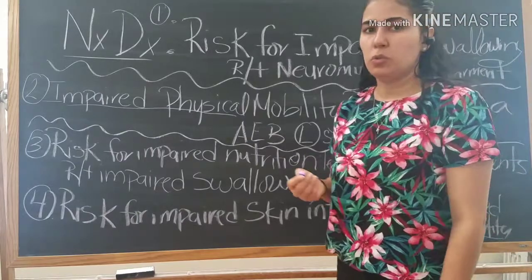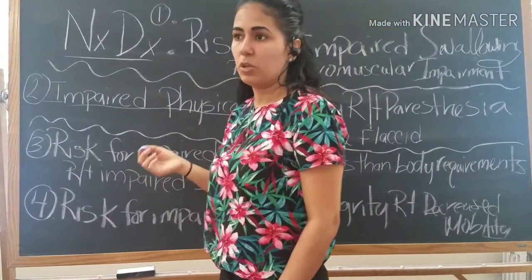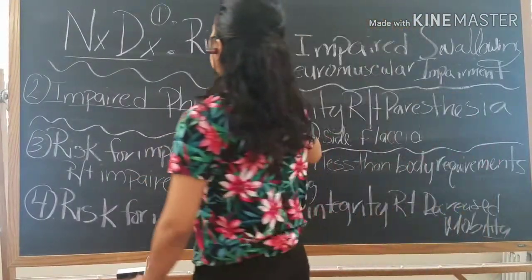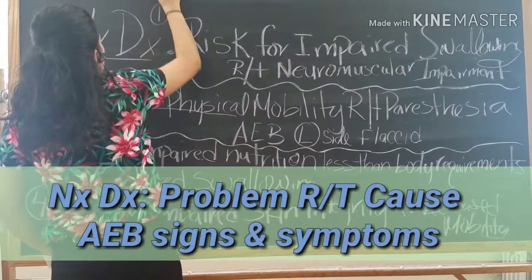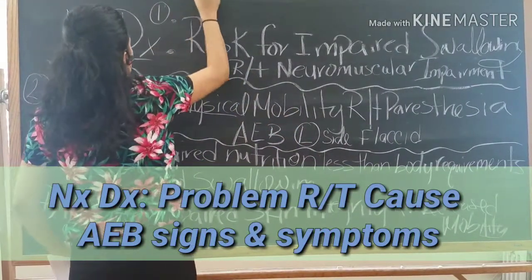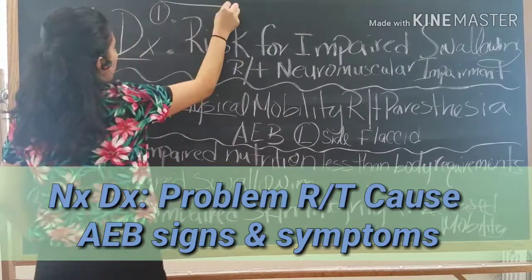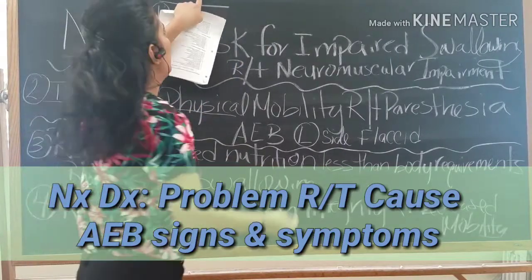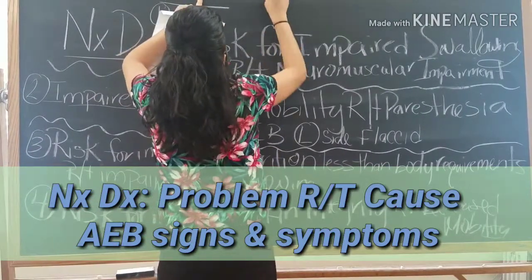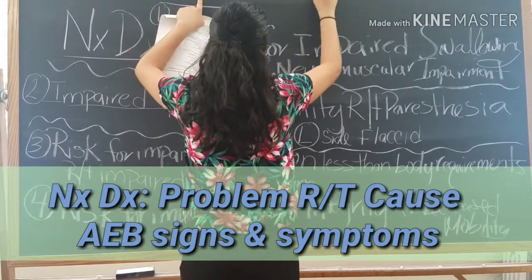What you want to do, and I probably should have told you this in the beginning, when you're formulating your nursing diagnosis, you want your problem, or your potential problem, related to the cause.